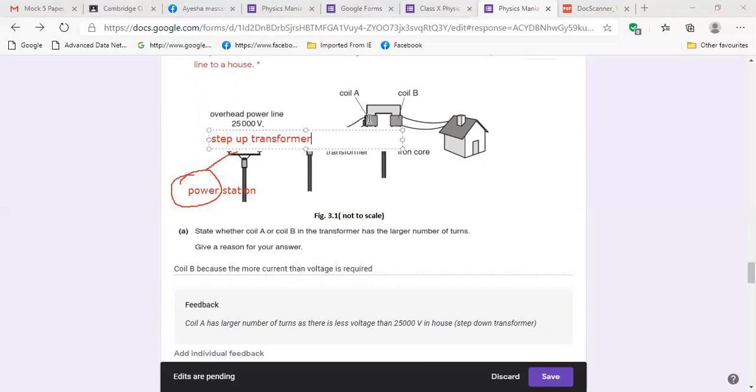In the grid lines, we always have maximum voltage. Is it clear? So from the grid line to our house, it is step down. Is it clear now? Yes, sir.